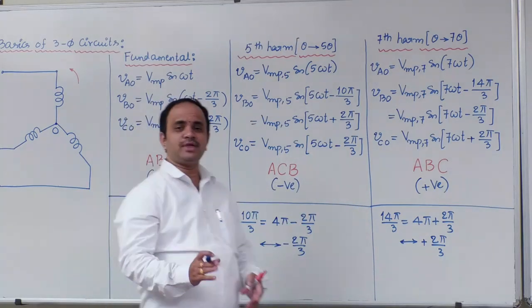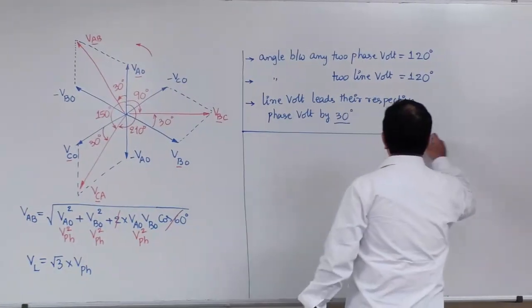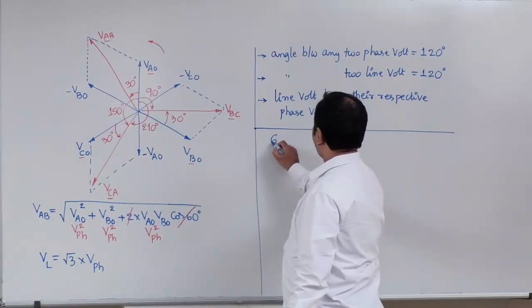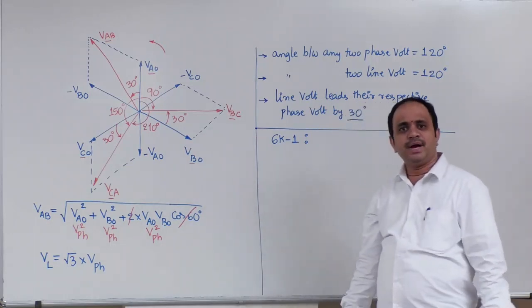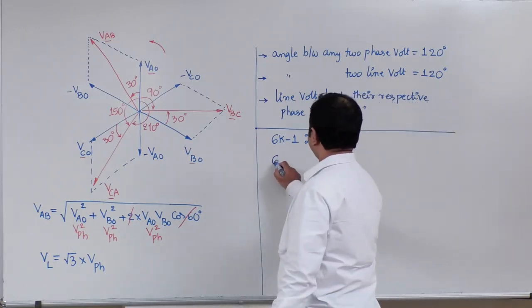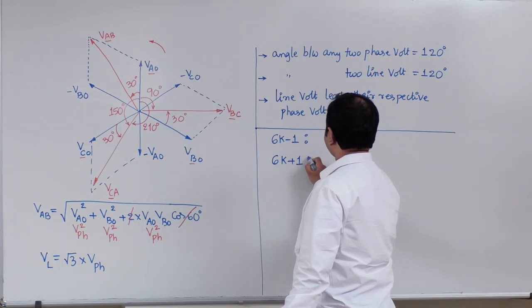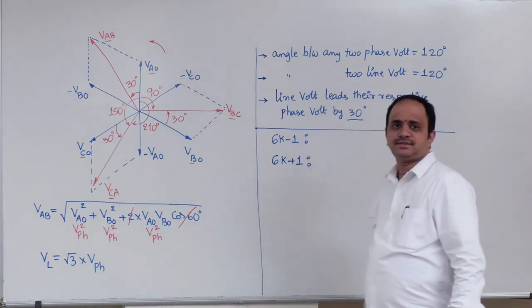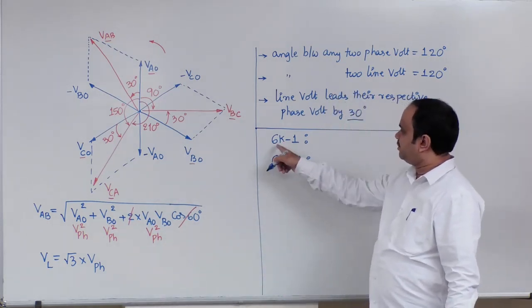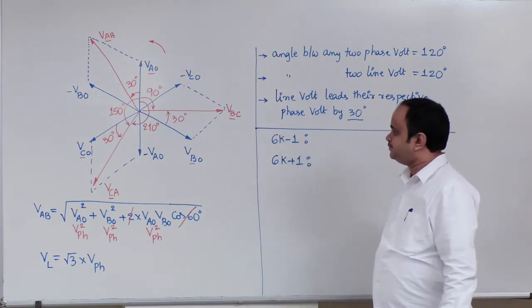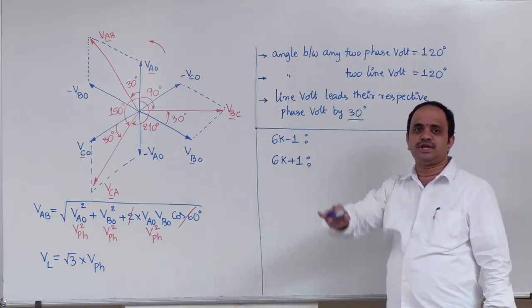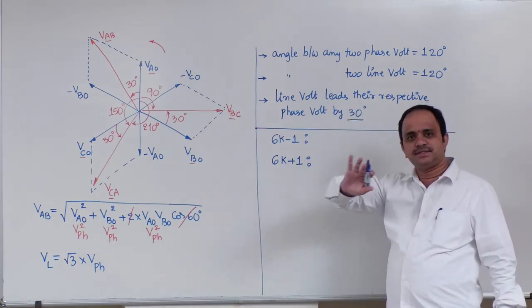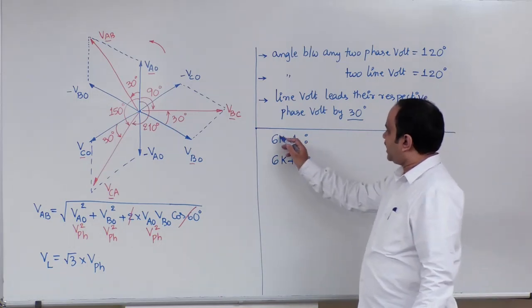Not only fifth and seventh harmonic components. For example, if you look at the numbers corresponding to 6k minus 1 and 6k plus 1 in three-phase rectifiers, this particular number pattern is very, very important. Not only three-phase rectifiers, later in three-phase inverter circuits also we will get a similar scenario, where k is an integer.